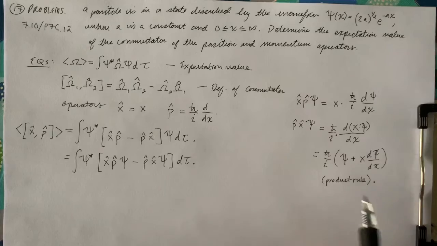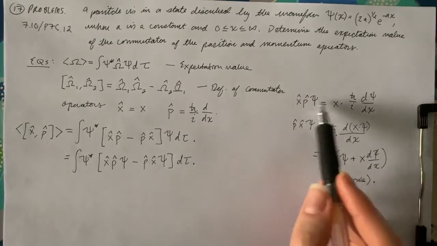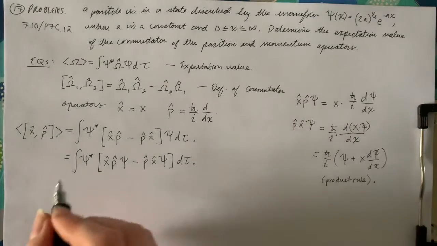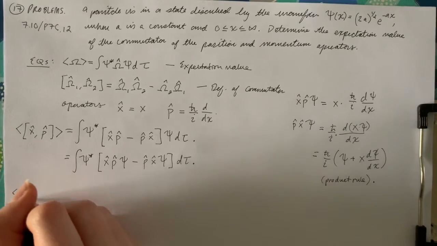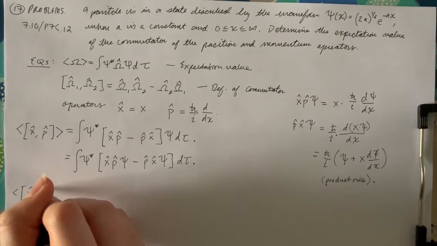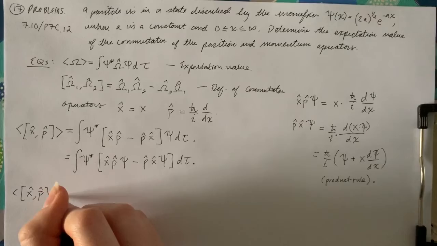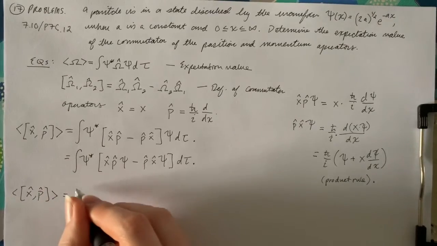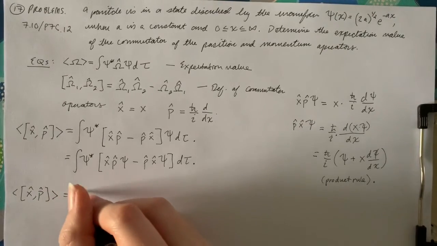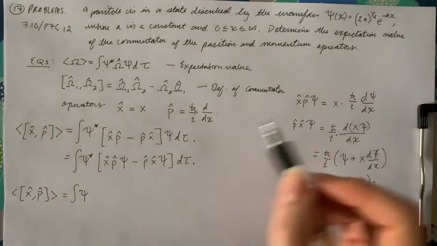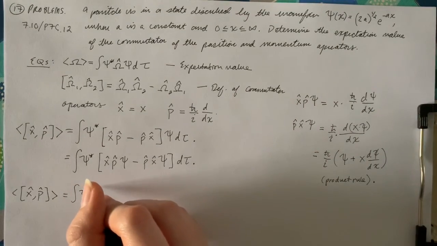Okay, now that I have these two values, I'm just going to substitute them in. Not going to do anything else yet. So integrate. I'm just going to write psi because psi doesn't have any imaginary component. So I'm going to just get rid of that star.